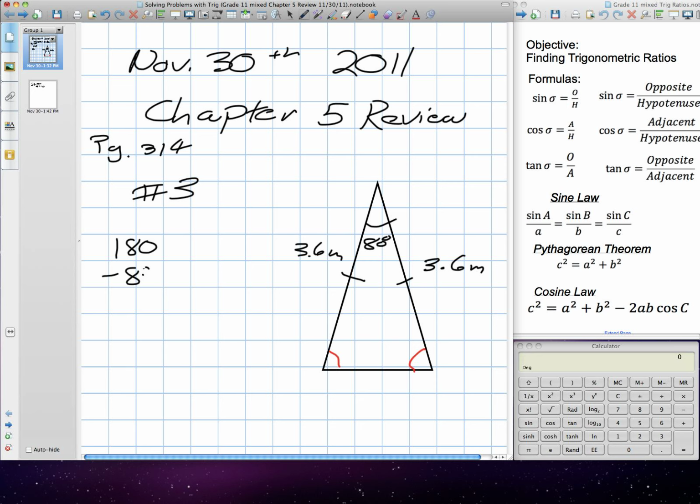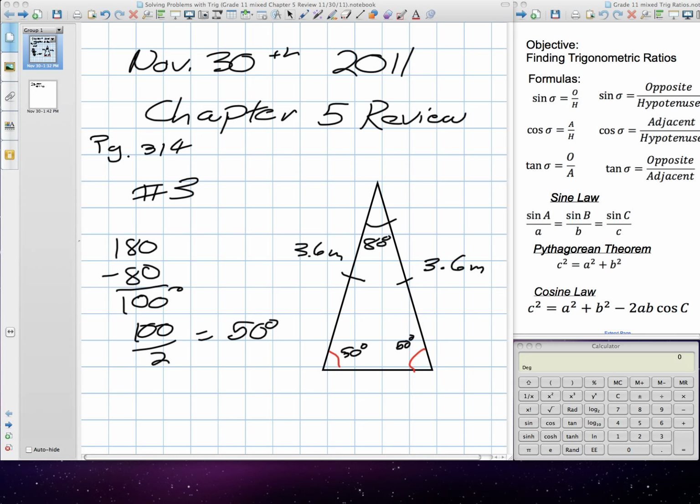Now I need to split 100 degrees between my two angles. So I divide 100 by 2, and we know that our two other angles are 50 degrees each. So we have 50 degrees and 50 degrees. Okay, so now we have our three angles.